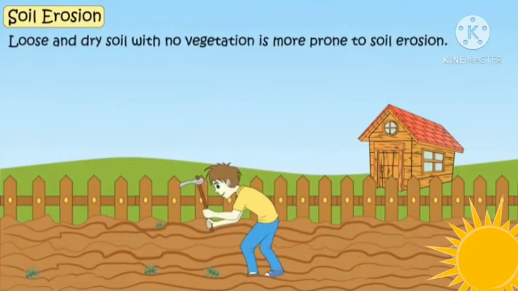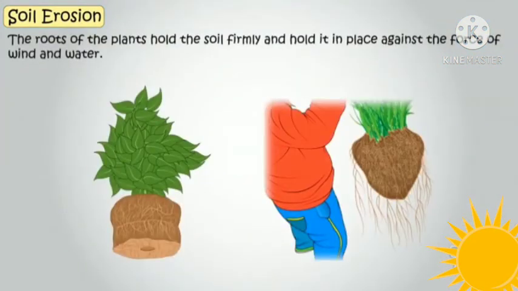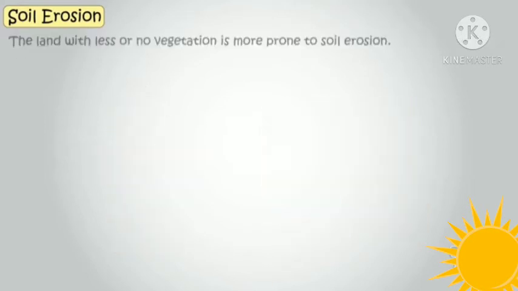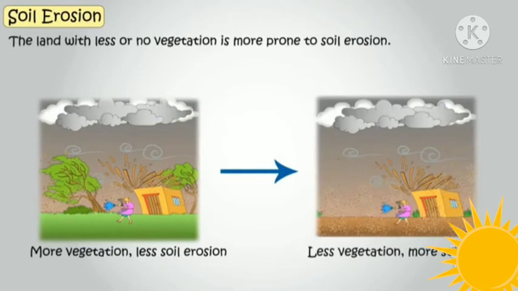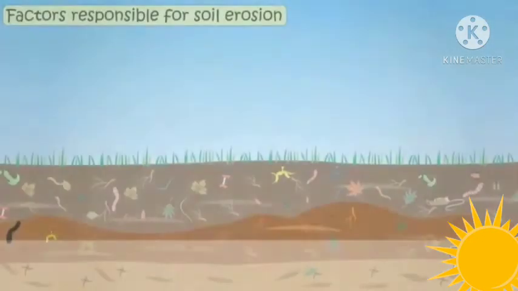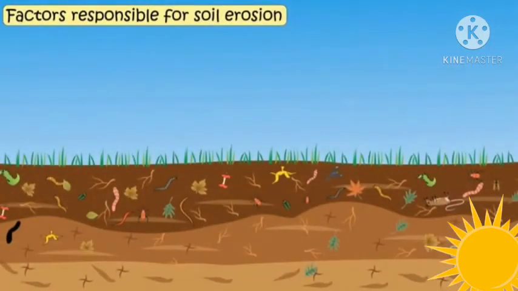Loose and dry soil with no vegetation is more prone to soil erosion. The roots of the plants hold the soil firmly in place against the force of wind and water. Land with less or no vegetation is more prone to soil erosion. More vegetation, less soil erosion. Less vegetation, more soil erosion.